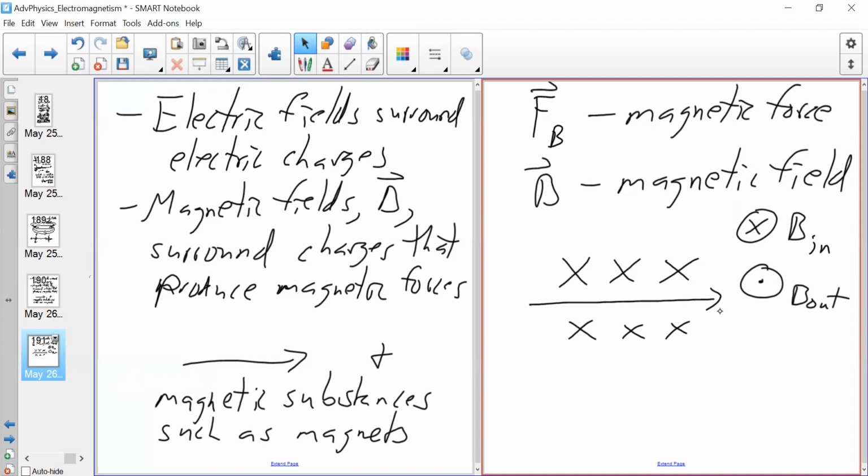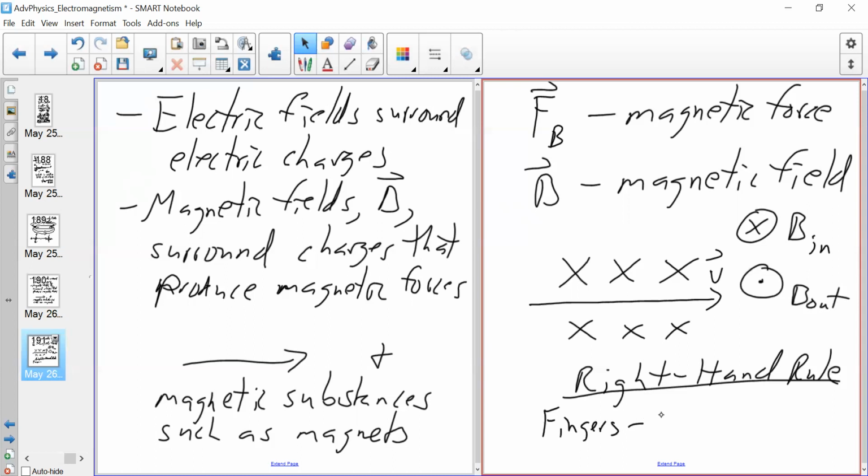And let's say that we have a charged particle moving with a velocity v. In order to figure out where the magnetic force will be pointing, we have to use something called the right-hand rule. If you place your right hand in the plane of this page, the fingers of your right hand represent the magnetic field, the thumb represents the velocity, and your palm will represent the force.